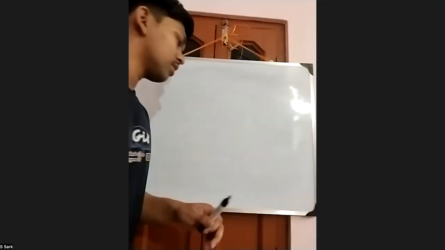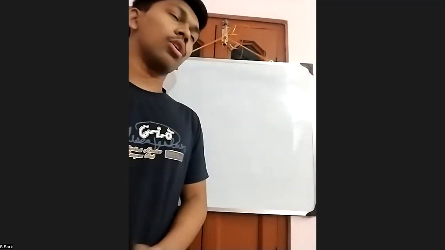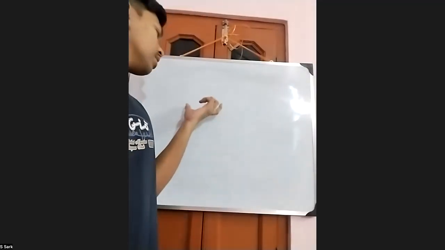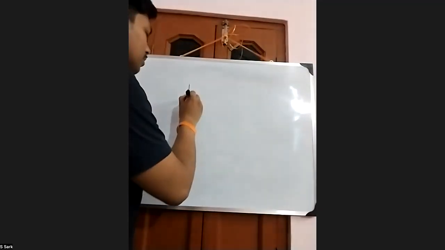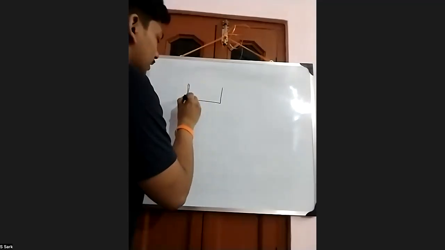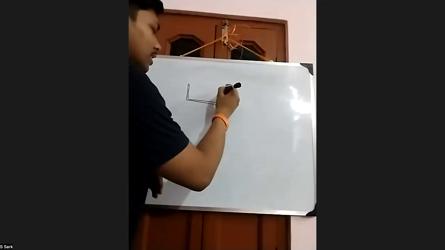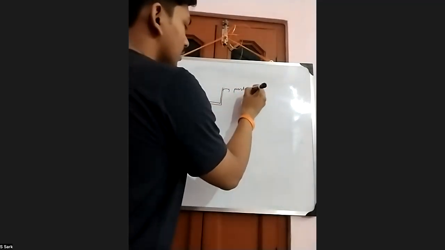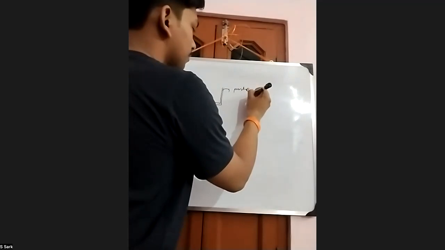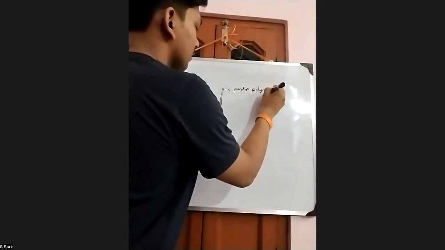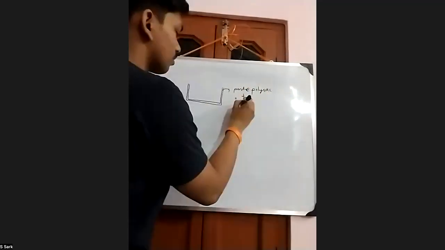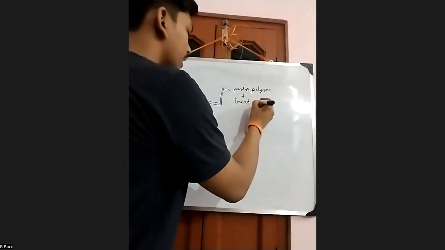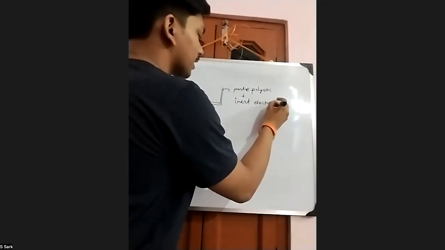Okay. So a salt bridge is a U-tube-like structure. It looks like this. It contains a paste of polysaccharide plus an inert electrolyte. In a salt bridge, we use an inert electrolyte, and the constituting ions of the inert electrolyte should have the same ionic mobility.